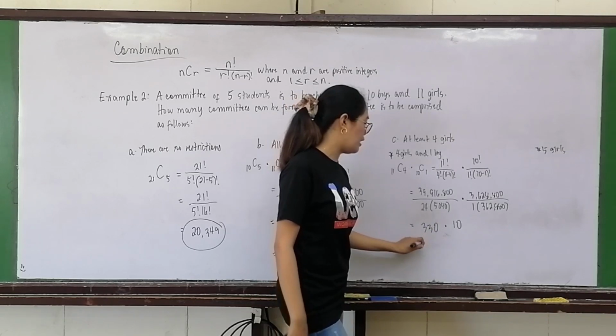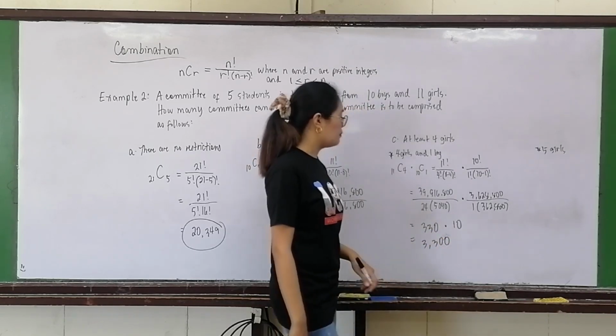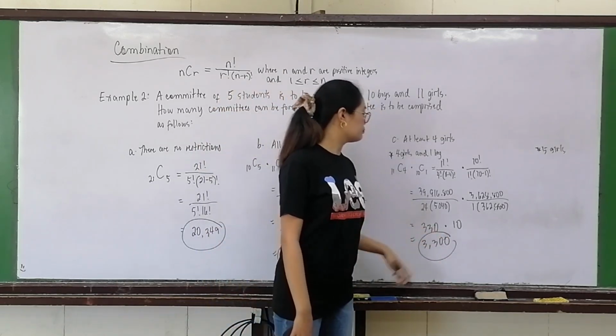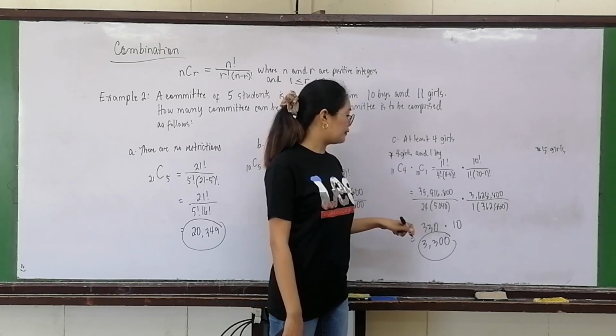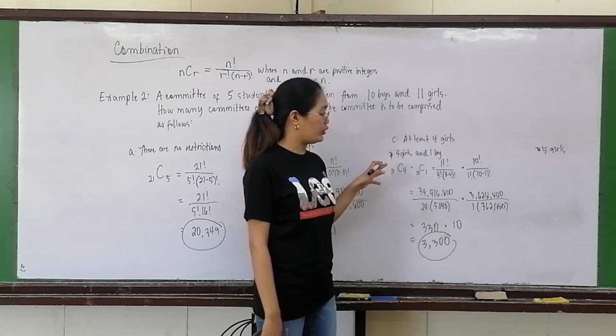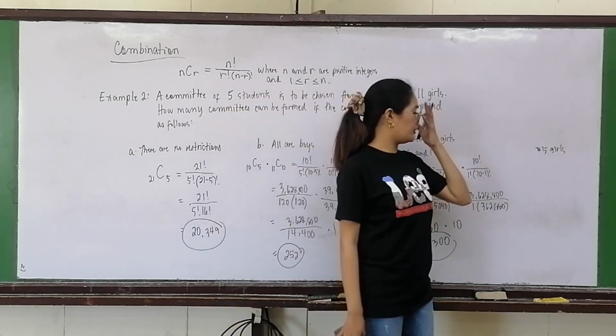Multiplying this, we have 3,300. This tells us that we can have 3,300 combinations of forming a committee with 4 girls and 1 boy. For the second case, we have 5 girls.